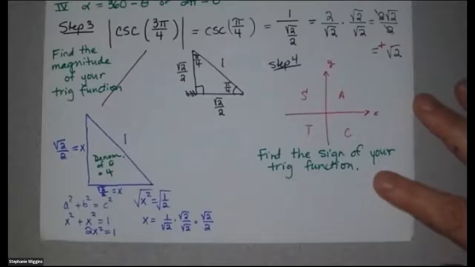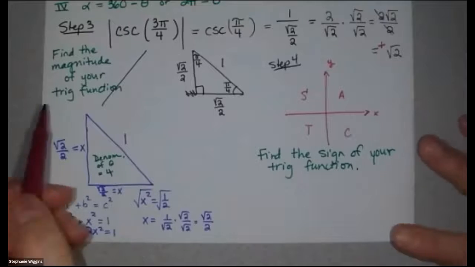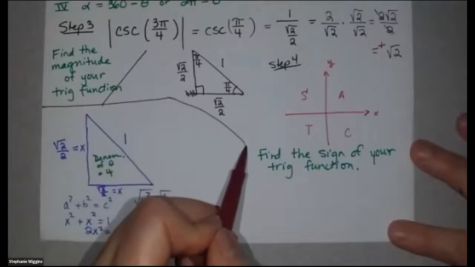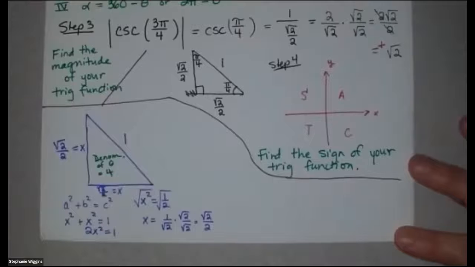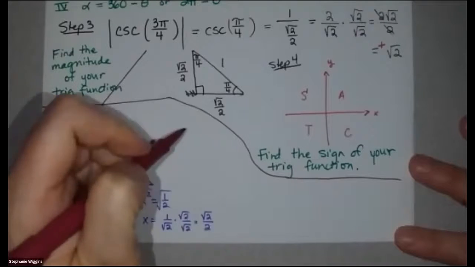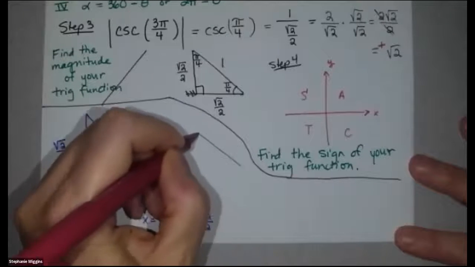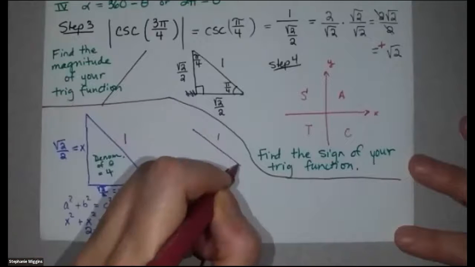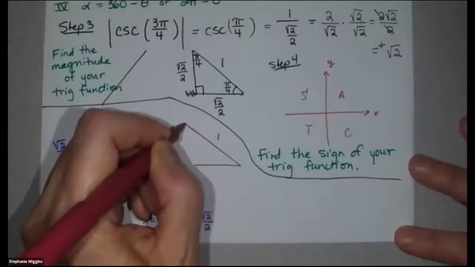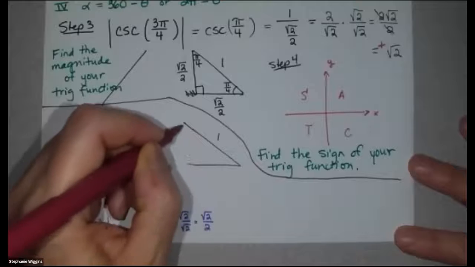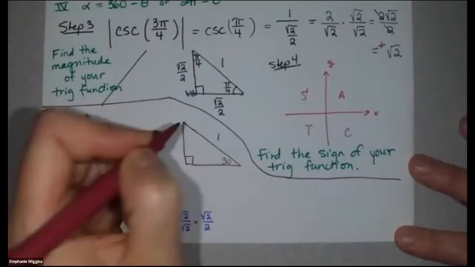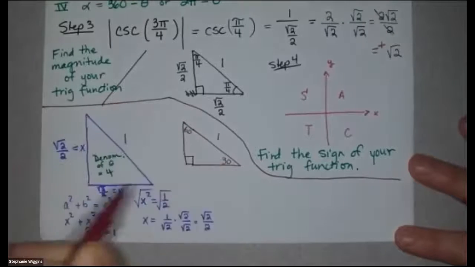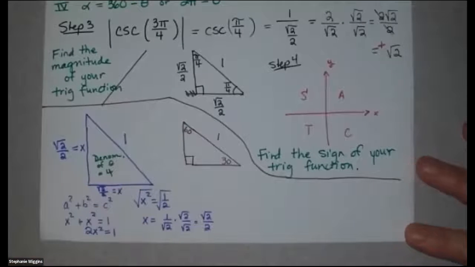The other triangle that you're going to use a lot, and we'll see this more when we look at the unit circle, kind of running out of room here. The other triangle is the 30, 60, 90 triangle. So your hypotenuse is still 1, and then you have 30, this is your right angle, and 60. 30, 60, 90, right?